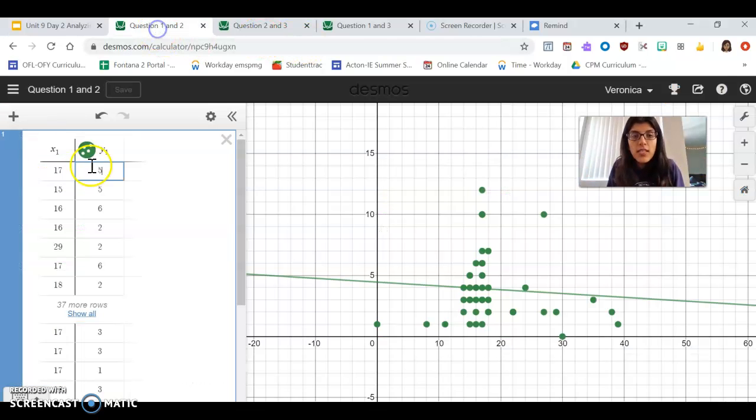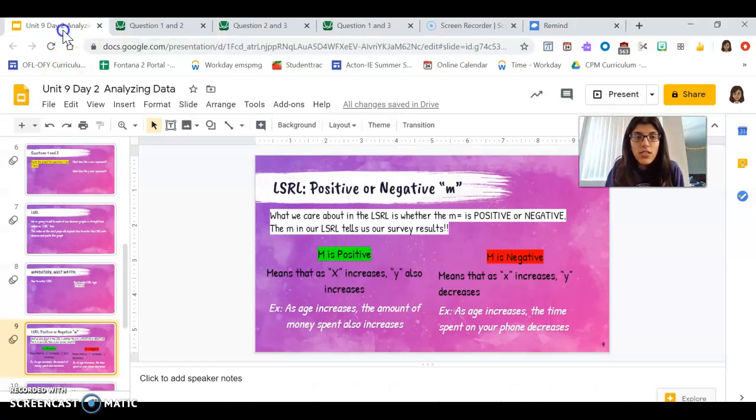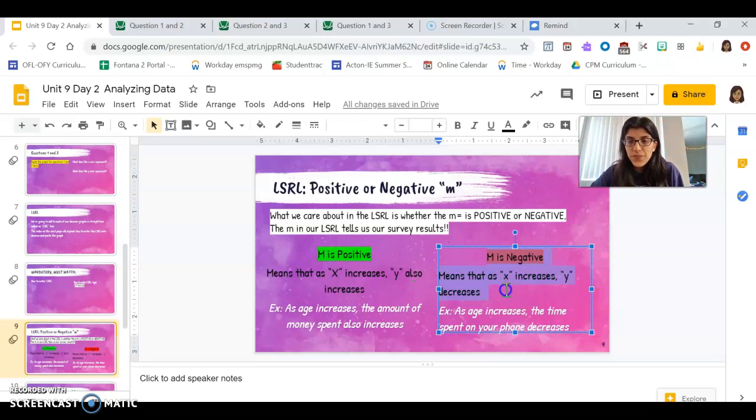So if m was positive for question 1 and 2, that would mean as someone's age, your x, increases, the time spent on the phone also increases. That's what the LSRL does: it gives you those sentence structures. If m is positive, as your x increases, your y also increases. But if your m is negative, then as your x increases, your y is going to decrease.